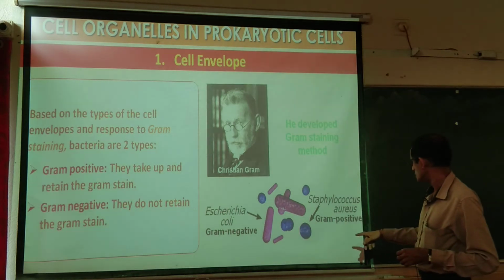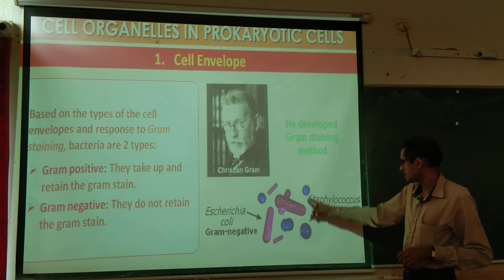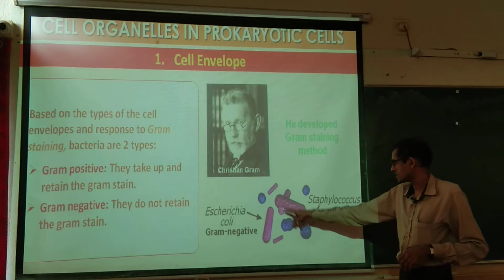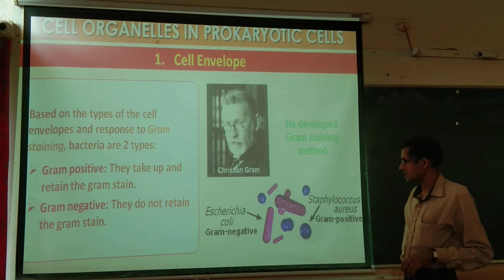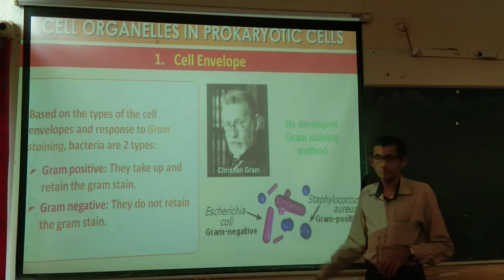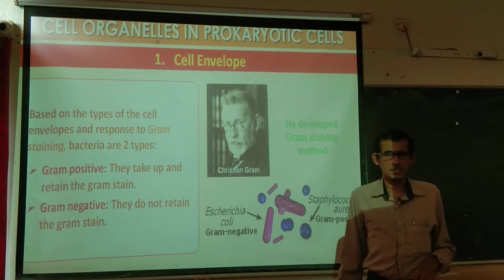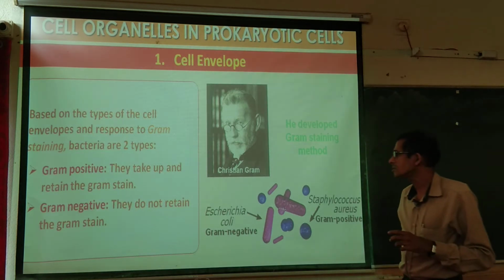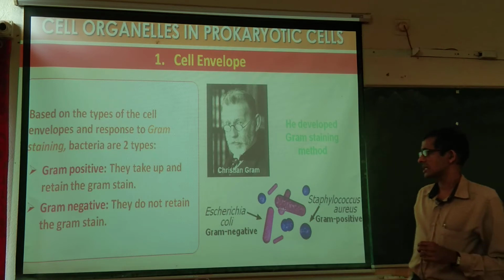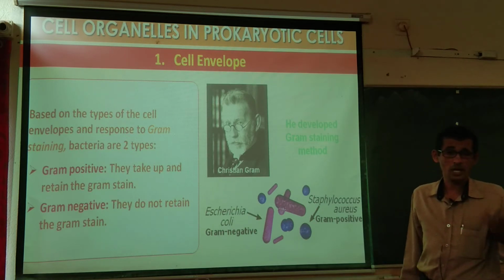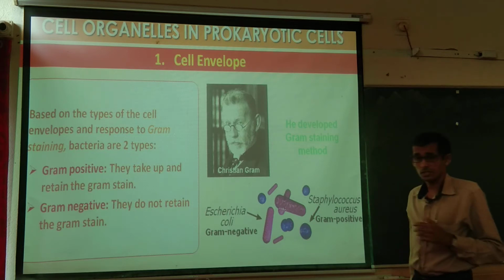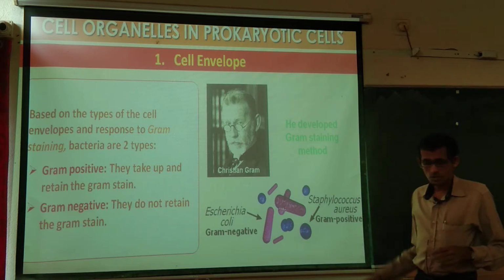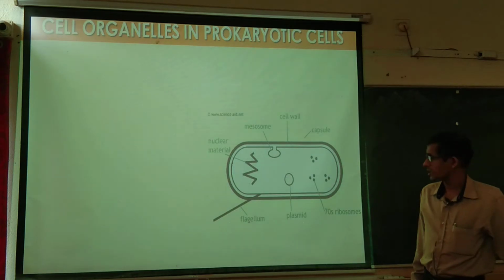Gram positive bacteria, for example Staphylococcus, retain the violet color, and Escherichia coli is a gram negative bacterium. Gram negative bacteria do not retain the gram stain, whereas gram positive bacteria retain the gram stain, the crystal violet. This was introduced by Christian Gram.